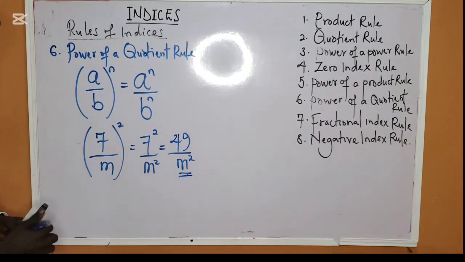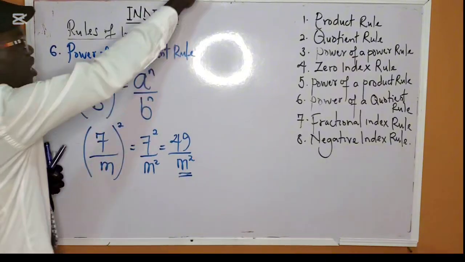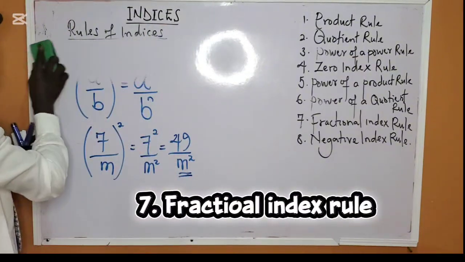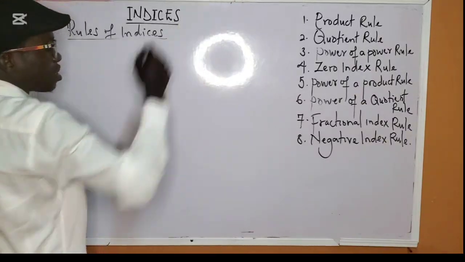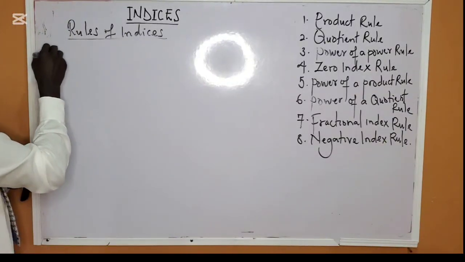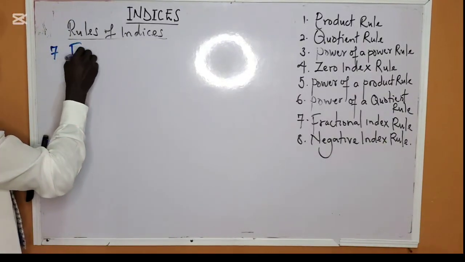So the next one is the fractional index rule. You need to pay attention. So number 7, fractional index rule.